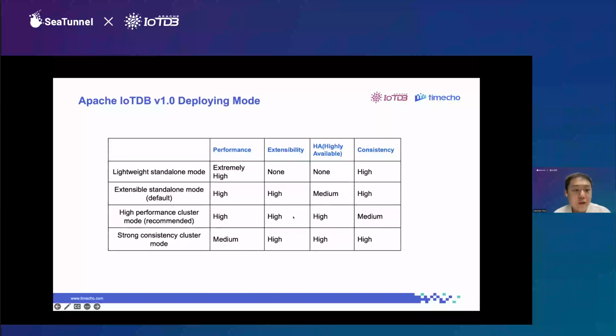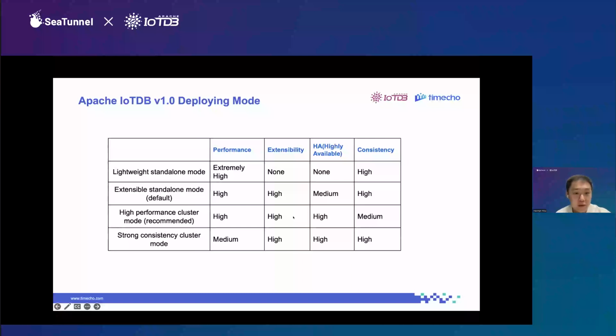For IoTDB version 1, we support the following deployment modes. The first one is the lightweight standalone mode, which has extremely high performance and supports high consistency, but we don't have some highly available features.